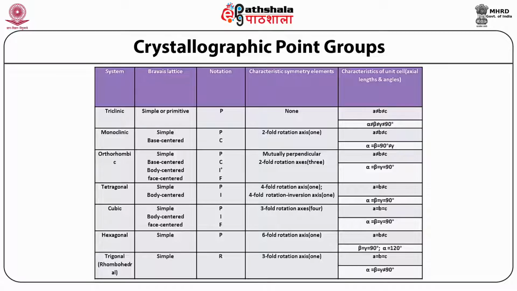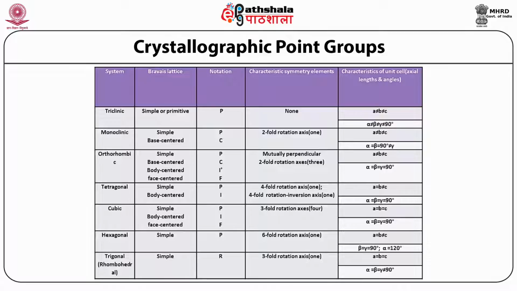The fifth system is cubic. Its Bravais lattices are three, simple, body-centered, and face-centered. Simple Bravais lattice is represented by capital P. The body-centered is represented by capital I. The face-centered cubic Bravais lattice is represented by notation F. The characteristic symmetry elements are threefold rotation axis 4.